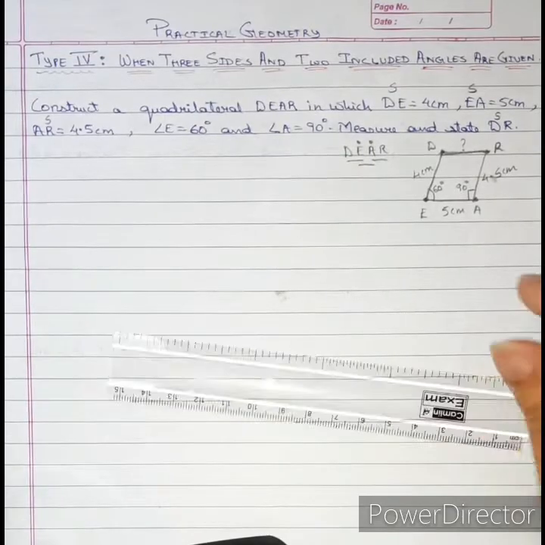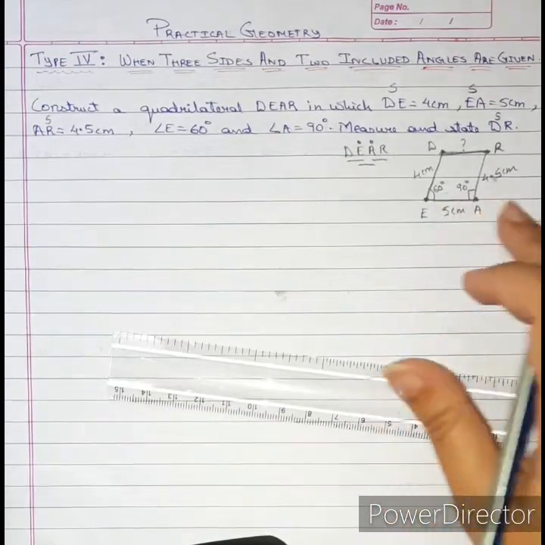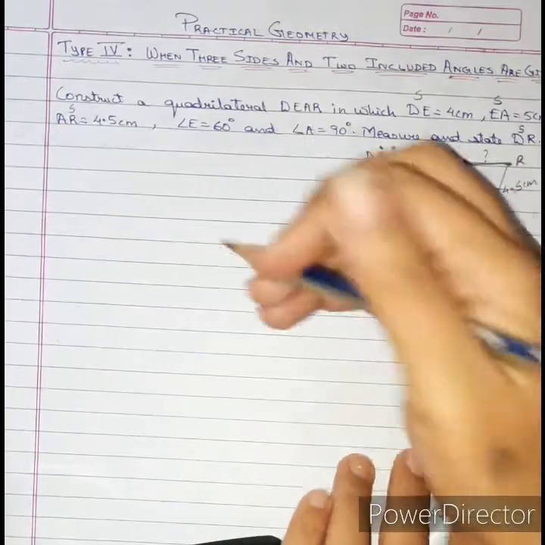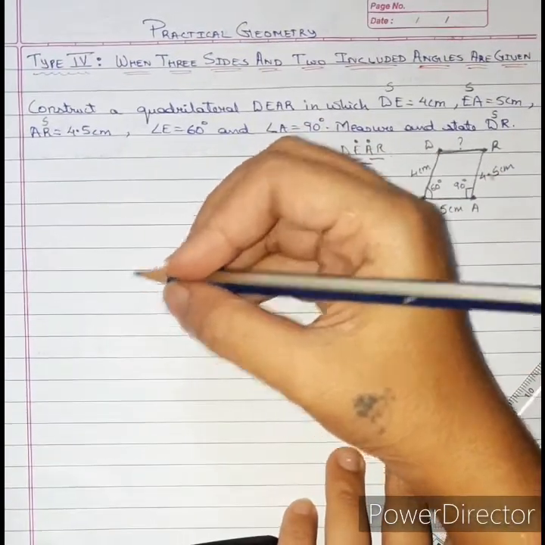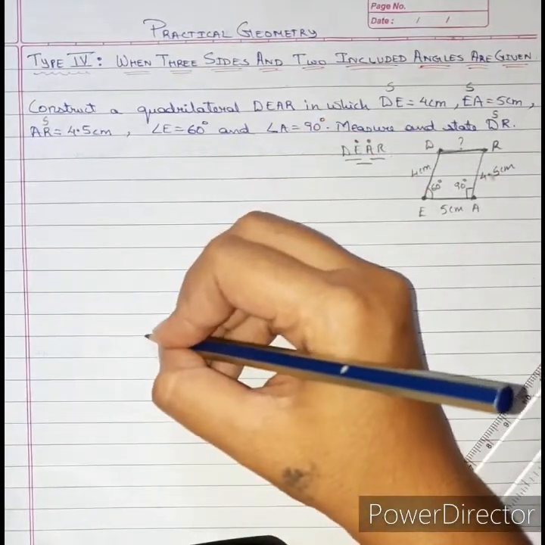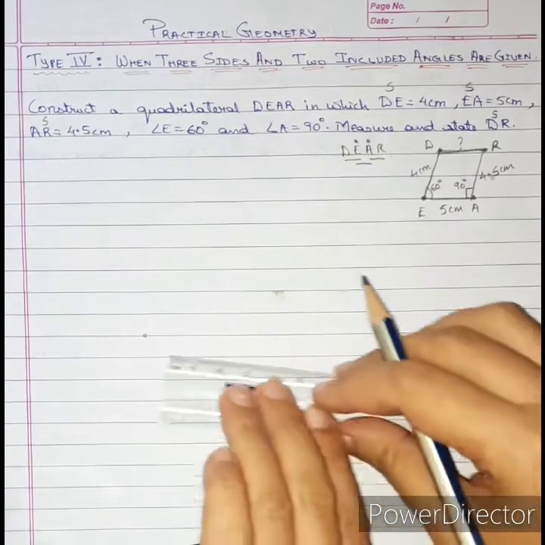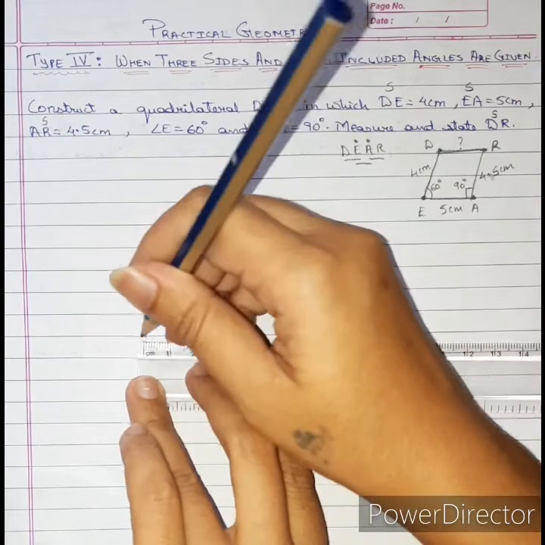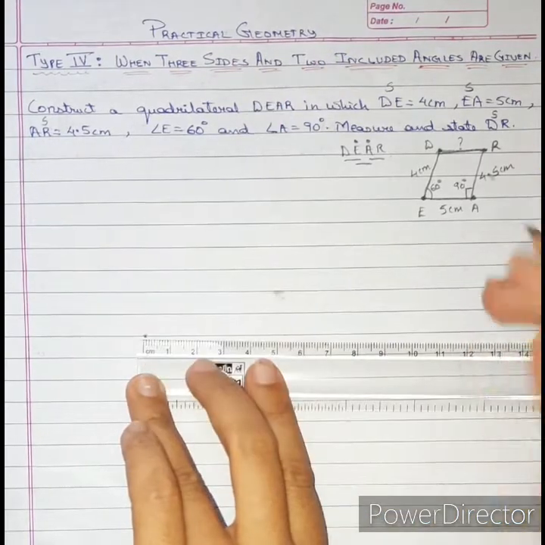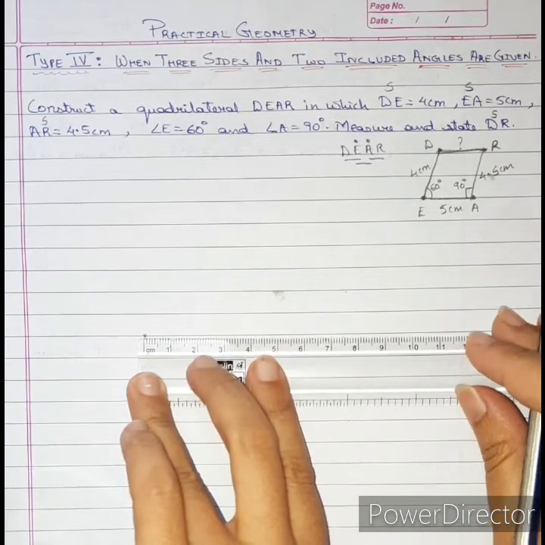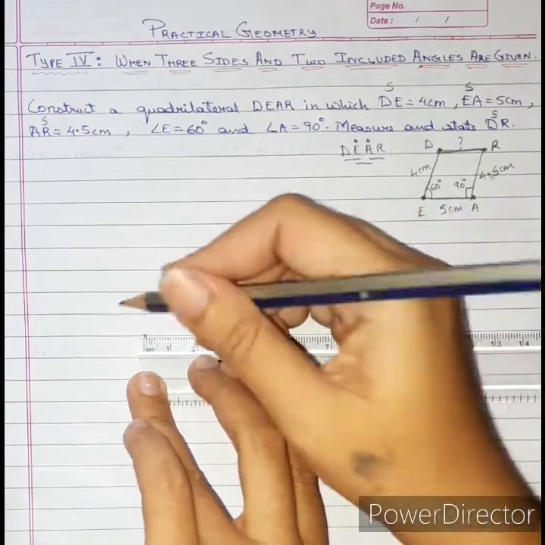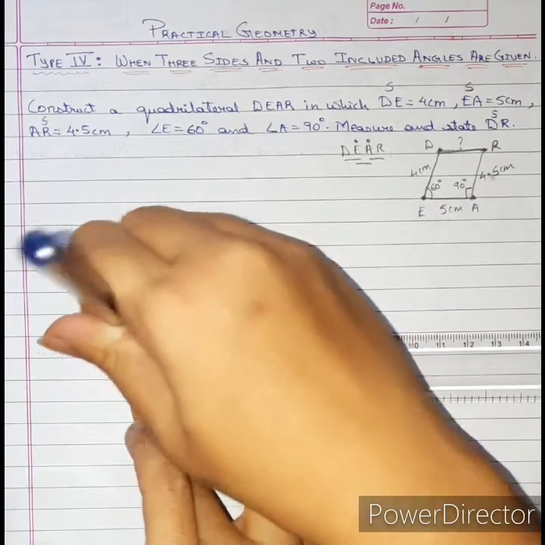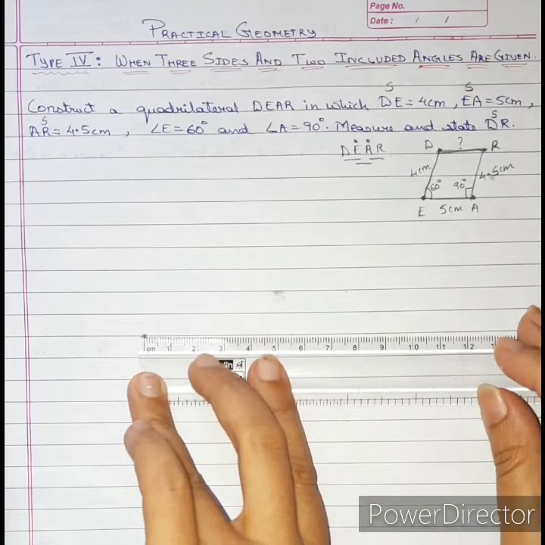So first of all, we are going to start with EA and the angles. So let me mark a reference point here. EA is equal to... you can darken the point, but see that you have one fixed point. Okay, one sharp fixed point.